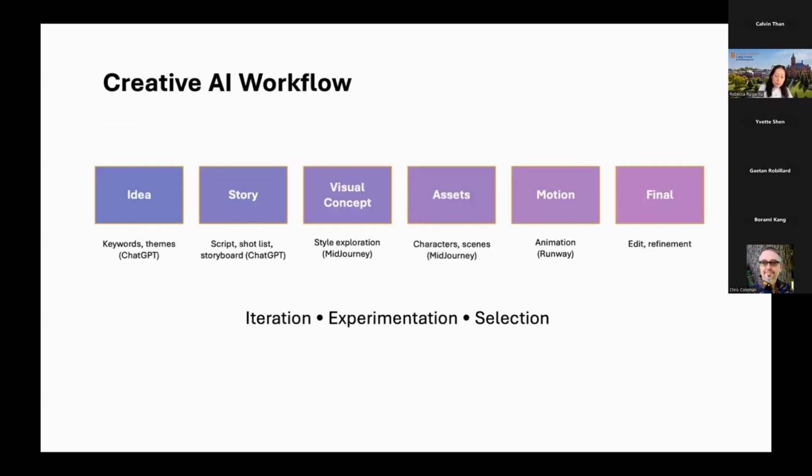This workflow becomes the backbone of the course. It moves from idea to story to visual concept to asset building to motion and then to final. Of course, it's adjusted based on the type of project.